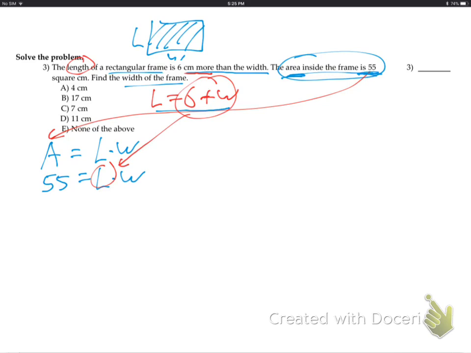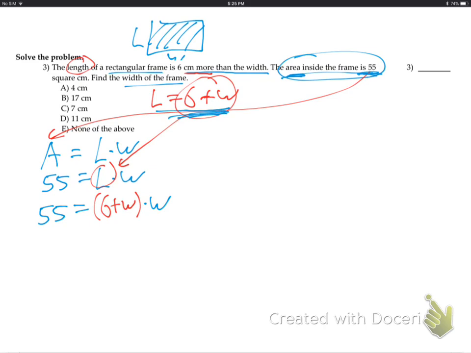Plug it right in for L. So what do we get then? We get 55 equals L. But L is 6 plus W times the width. You see how that works? Right? So the length is 6 plus W. So I plugged in for L, 6 plus W.